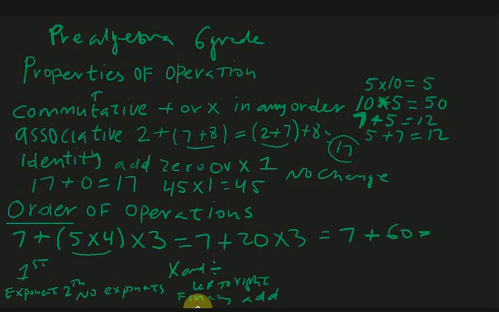Now we can add, and we get 67. This is the order of operations in 6th grade Pre Algebra. If you don't get 67 and you just add the 7 to the 5 and then multiply, you are not following the order of operations. This is the basic way to work with order of operations.